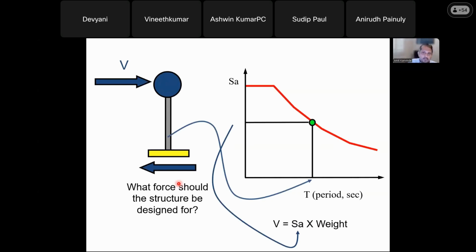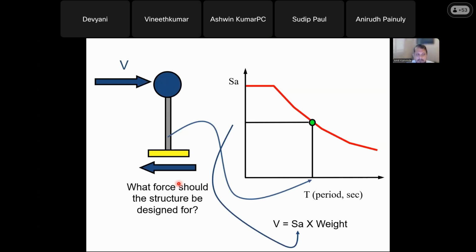However, the problem with this assumption, and it's not really a problem, but what's inherent in this whole design process, is that we assume the structure to remain elastic throughout this. Remember, the response spectrum is developed for an elastic oscillator. So what you have here is a structure that remains elastic throughout this process.